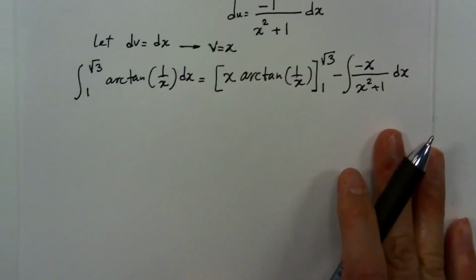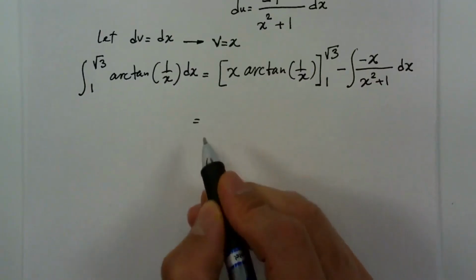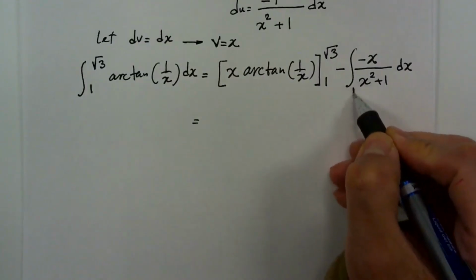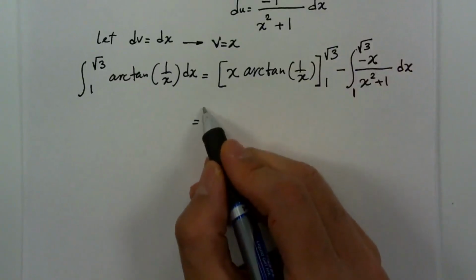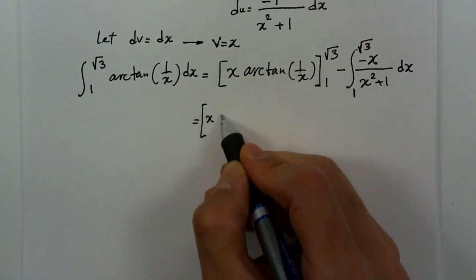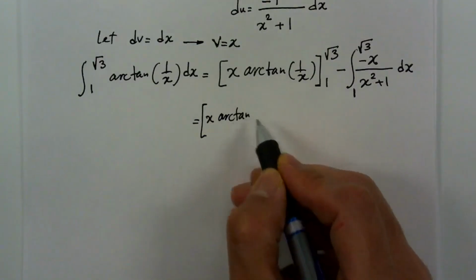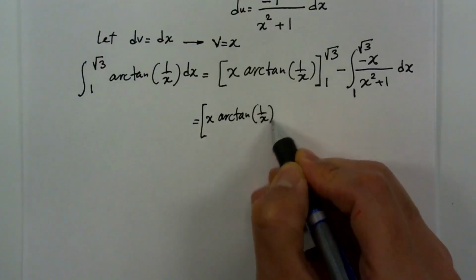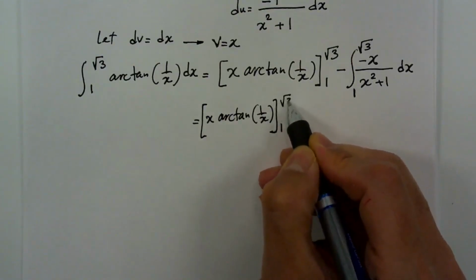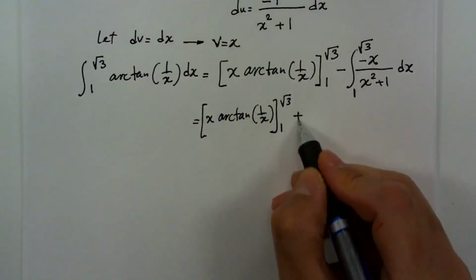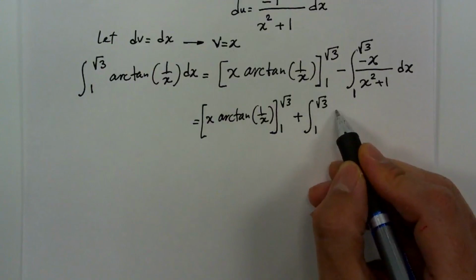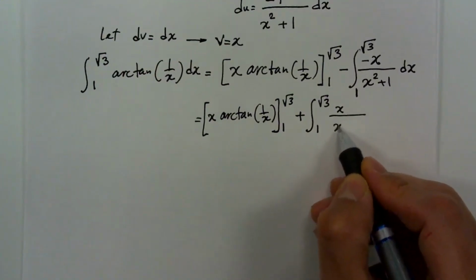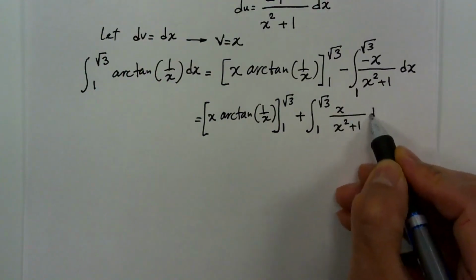So it equals, by the way, this goes from 1 to square root of 3. And so we have x arctangent of 1 over x going from 1 to square root of 3 plus the integral from 1 to square root of 3 of x over x squared plus 1 dx.